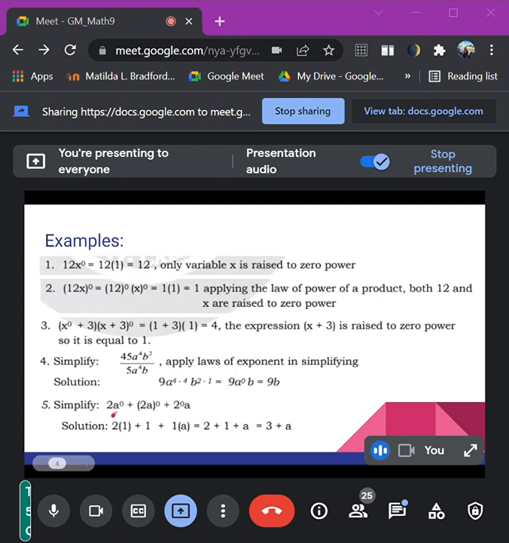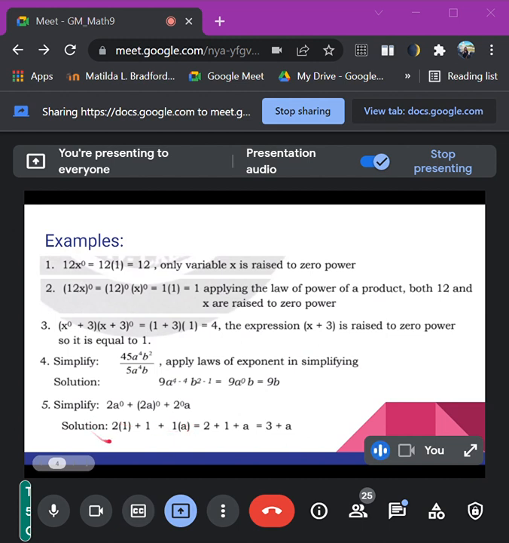So it becomes 2 times 1. And then the quantity is equivalent to 1 as well, because the exponent 0 is outside. And then plus 2 raised to 0, that is 1. And then the a, just copy.